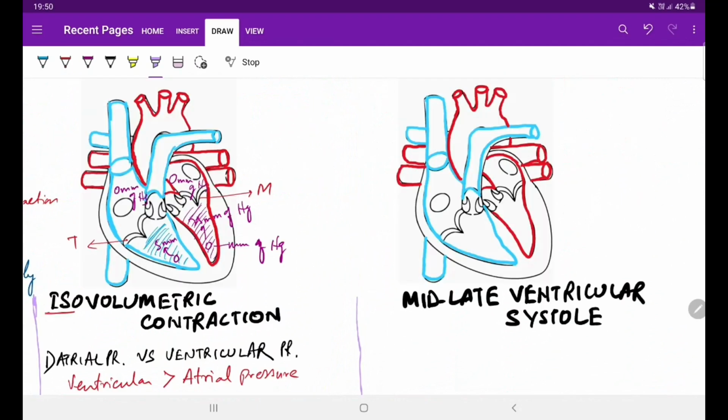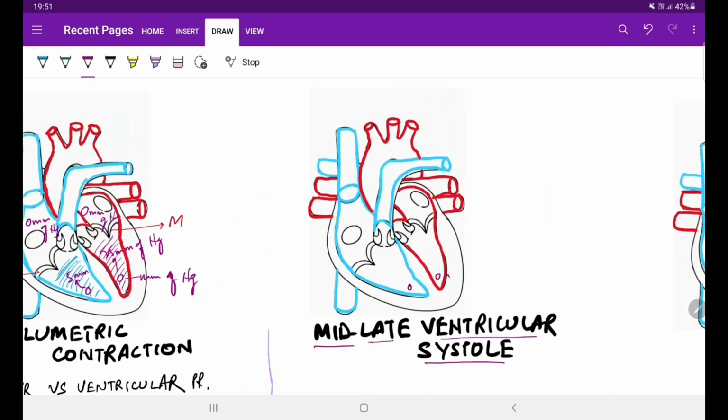Now, let us come to the third stage of the cardiac cycle, and that is mid-late ventricular systole. The right ventricle and left ventricle were at pressures of 0 mm of mercury. In the right ventricle the pressure has risen up to 5 mm of mercury, and now rises up to 25 mm of mercury, whereas in the left ventricle, which rose up to 25 mm already in the isovolumetric contraction, it now rises to 120 mm of mercury.